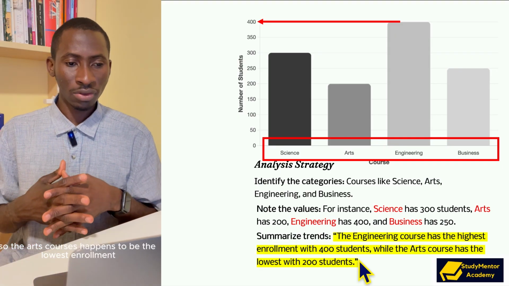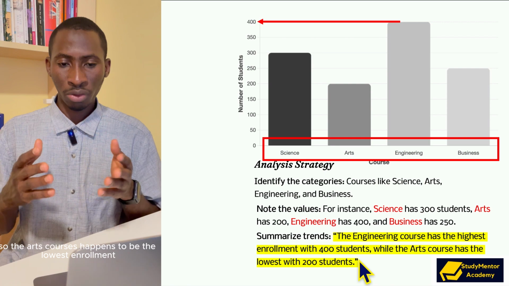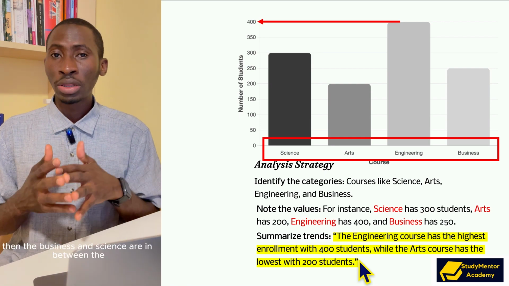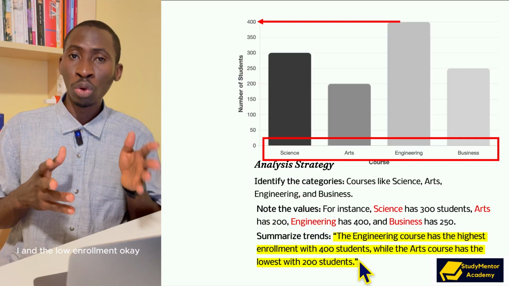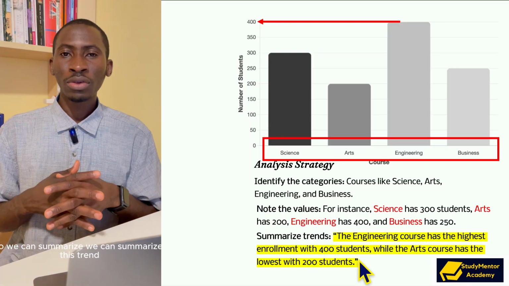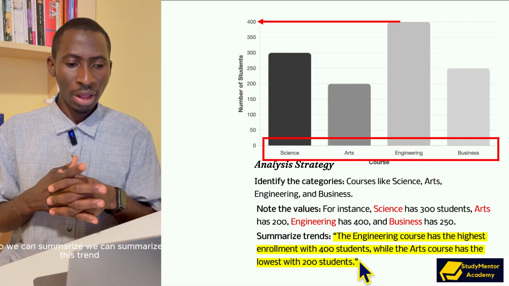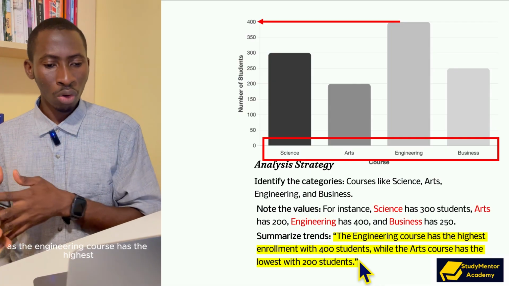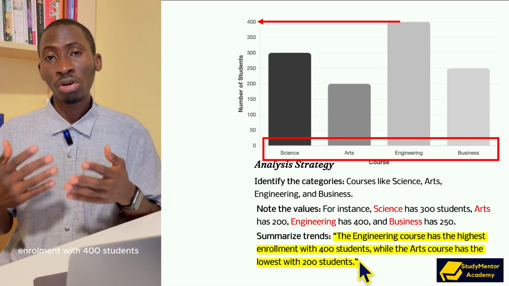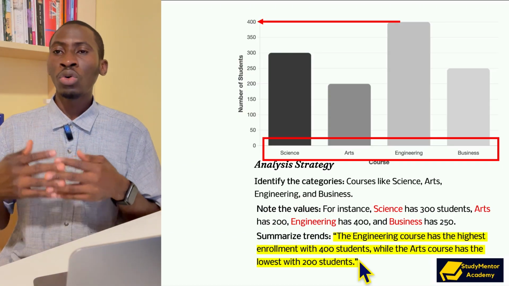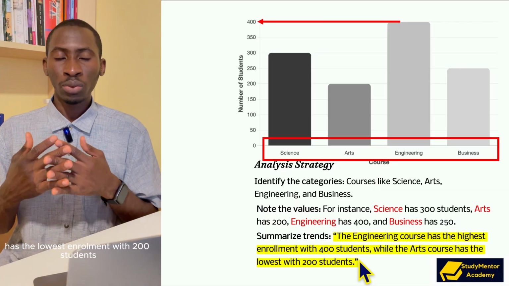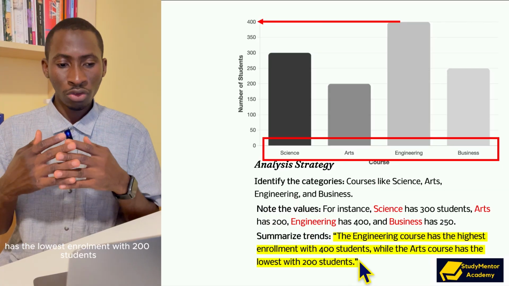So the arts courses happen to be the lowest enrollment. Then business and science are in between the high and the low enrollment. Okay, so we can summarize this trend as: the engineering course has the highest enrollment with 400 students, while the arts course has the lowest enrollment with 200 students.